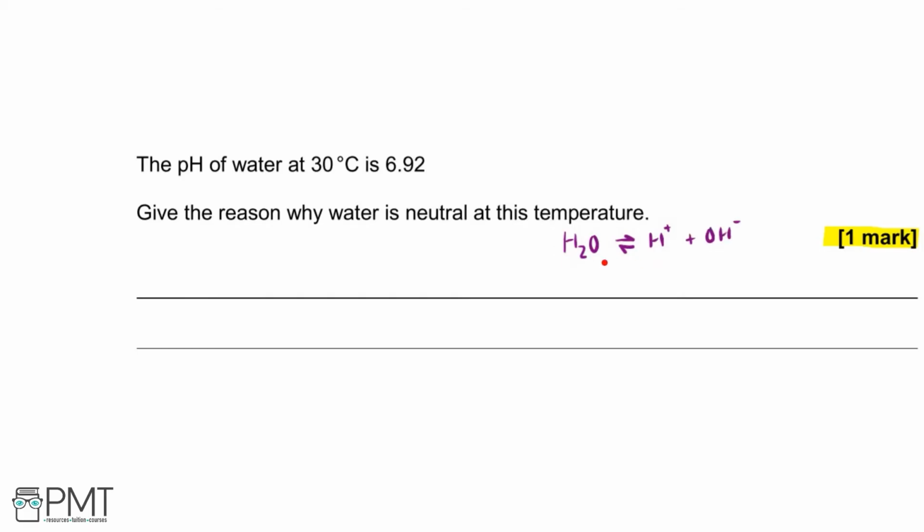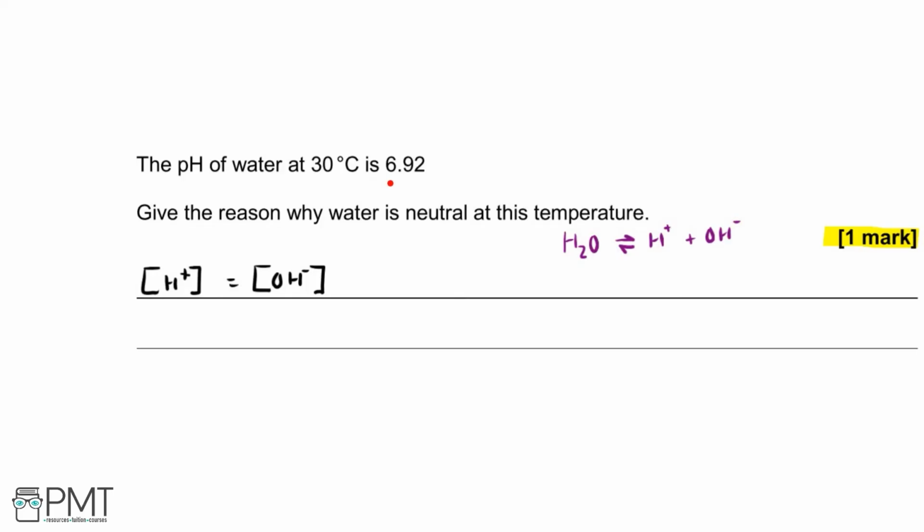So looking at this, we can see that every ionization of water, every time a molecule of water dissociates, it produces a hydrogen ion and a hydroxide ion. And the key to water being neutral lies in this. No matter what happens with water, the concentration of hydrogen ions is always equal to the concentration of our hydroxide ions, which therefore means that it's just as acidic as it is alkaline, so therefore it is always neutral.